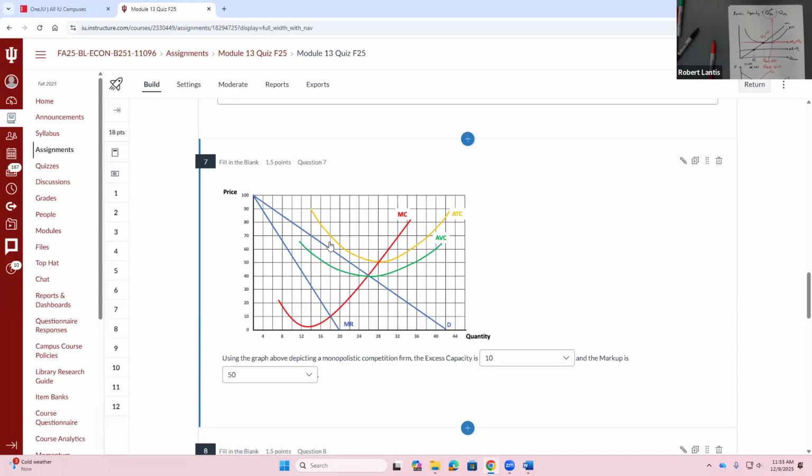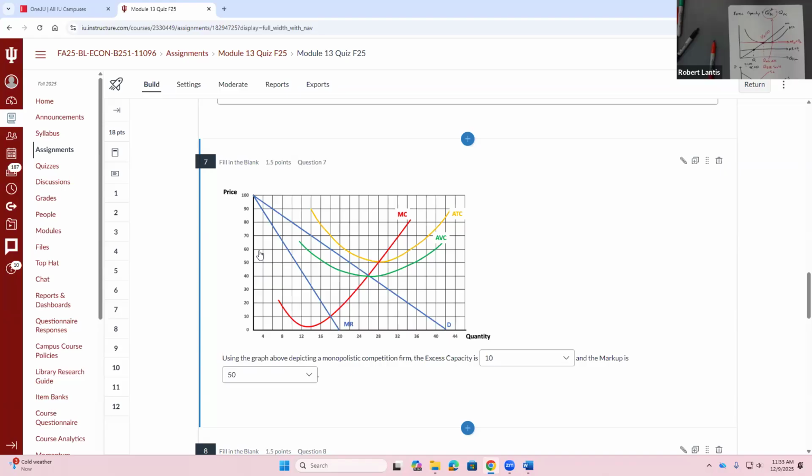So the markup is higher in a monopolistic competitive market. It actually exists. Okay? So here, what is my marginal cost? 10. The price I set would be equal to 60. So my markup is 50. Okay? So relative to a perfectly competitive market, monopolistically competitive markups will always be higher or lower.